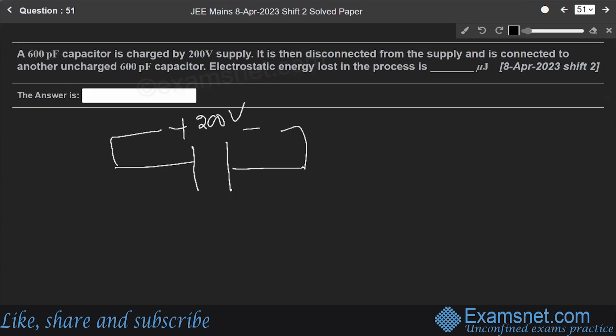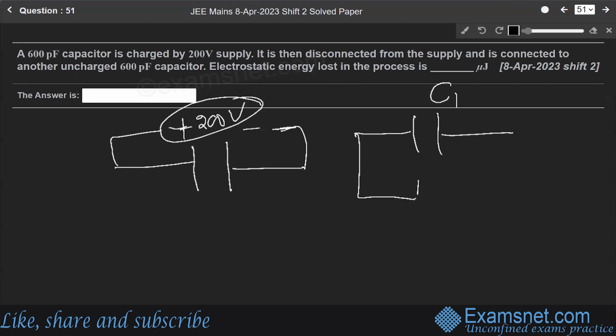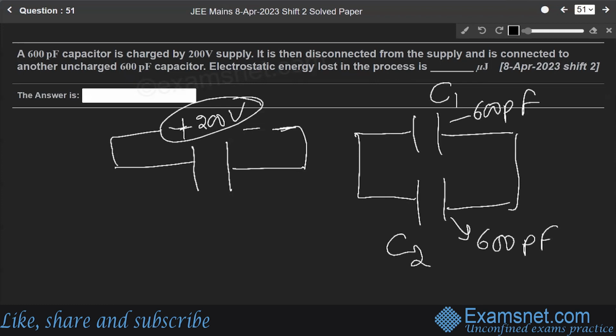Then it is disconnected from the supply and connected to another uncharged 600 picofarad capacitor. Now it is disconnected and this capacitor, let us say C1, is connected to another capacitor C2 having a capacitance of 600 picofarad.